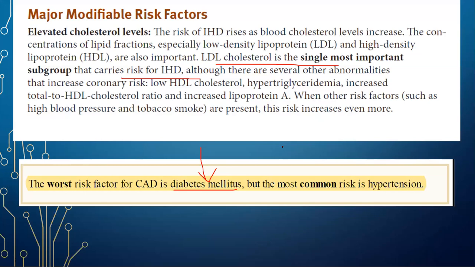They ask you, which one of the following carries the most important risk factor to have MI? Most important is your hypercholesterolemia. And another question is, what is the most important risk factor that causes stroke? Mainly your hemorrhagic stroke. What is the most common cause or most common risk factor of a stroke?